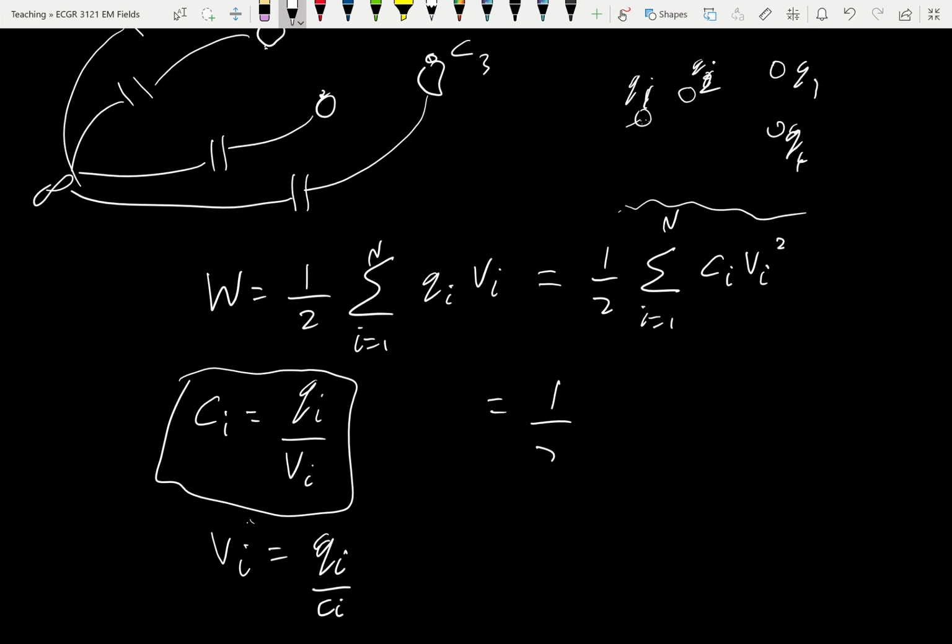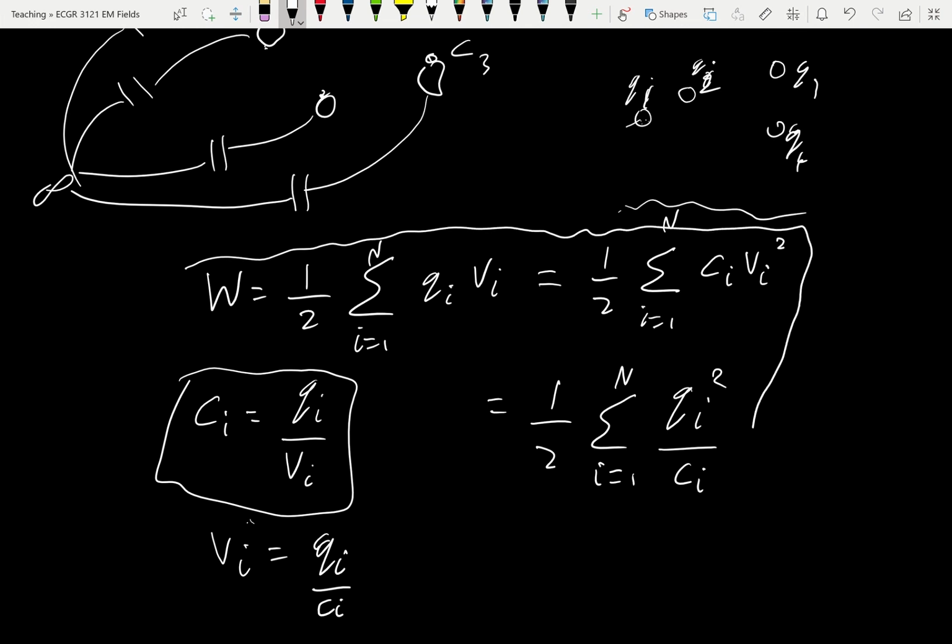I get half, sum i equals 1 to n. Instead of Vi, I get Qi squared over Ci squared. So I end up with Qi squared over Ci. So those are three different ways of calculating the total energy of the system.